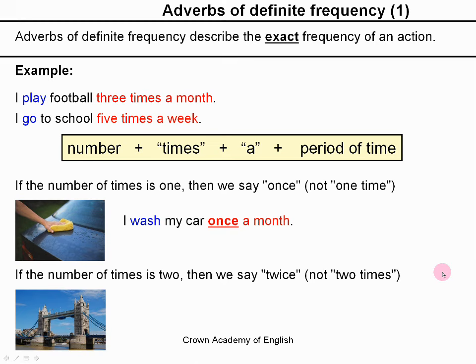Example, I go to London twice a year. We do not say 2 times a year. Okay? So this is a very, very useful structure.